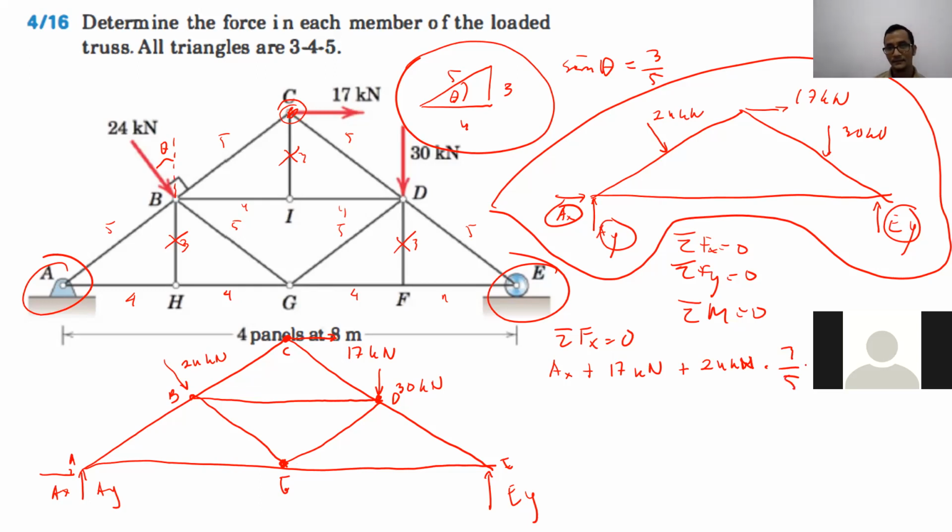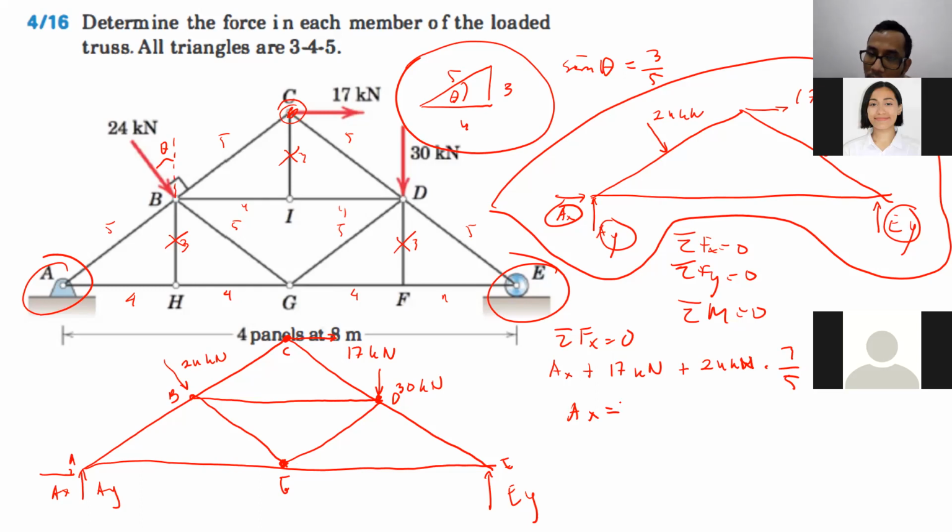Okay, Judy? And then equal to 0. Would you mind calculating for me what is the value of AX, Judy? It would be minus 31.4.